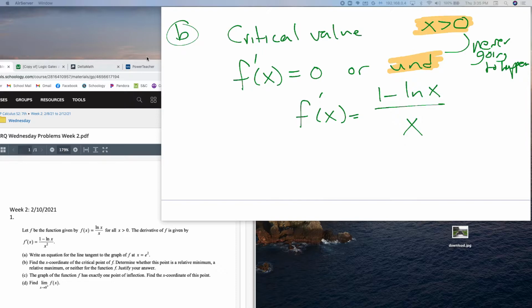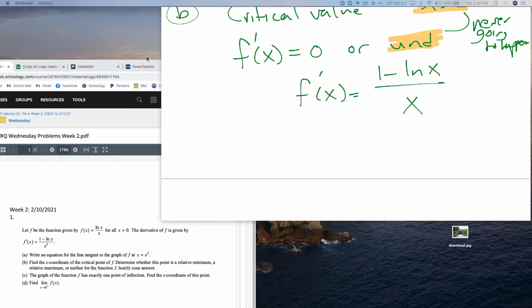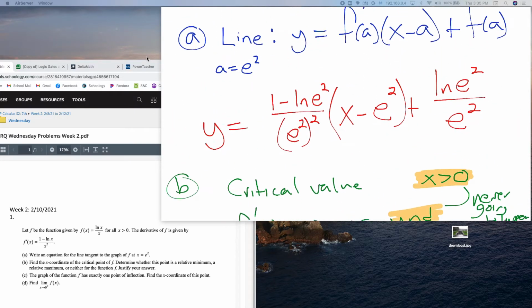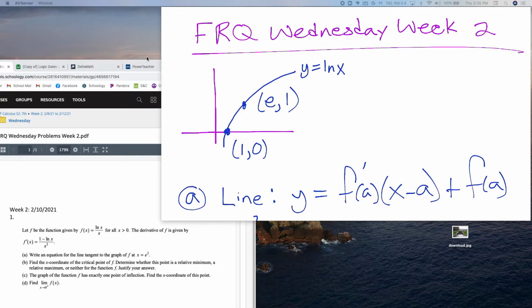Okay, so that's never going to happen on this particular function. It's not that it's never going to happen ever, but on this one, when there's just an x on the denominator, we're not going to get that. So here's what we need. We need 1 minus the natural log of x to equal 0. Well, this is why I wrote this equation right here.